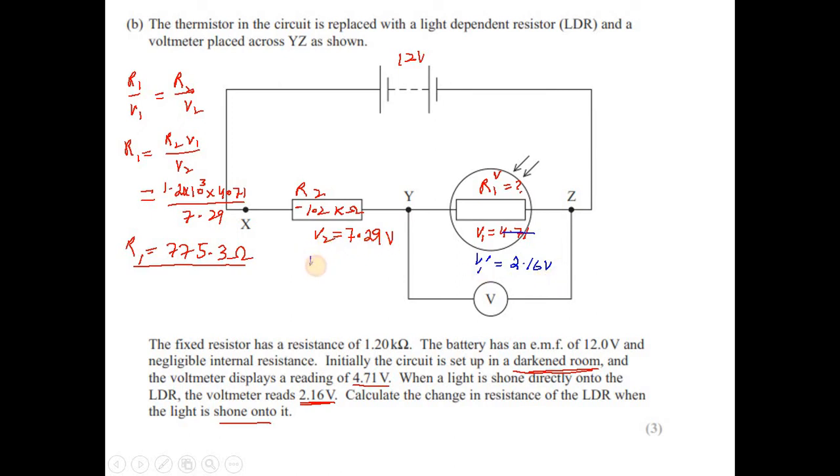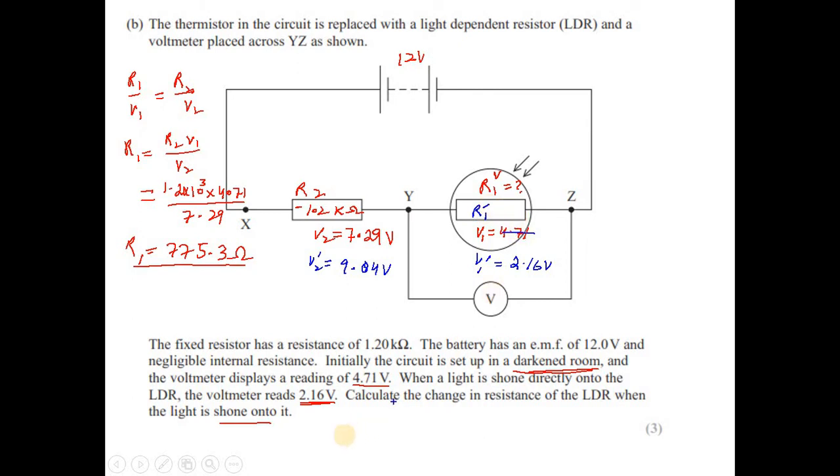The new voltage V2 dash would be equal to 12 minus 2.16, which is 9.84 volt. Again, I can figure out R1 dash.